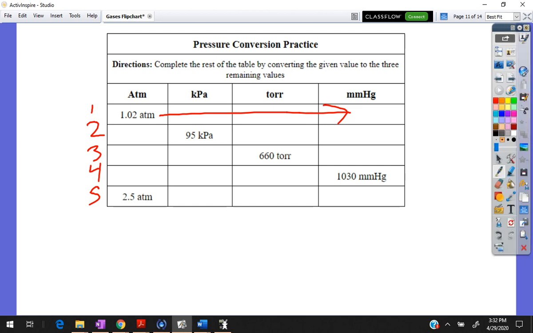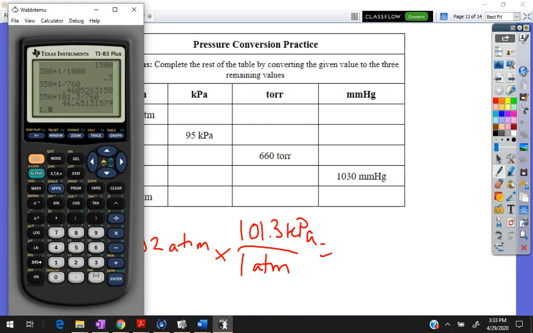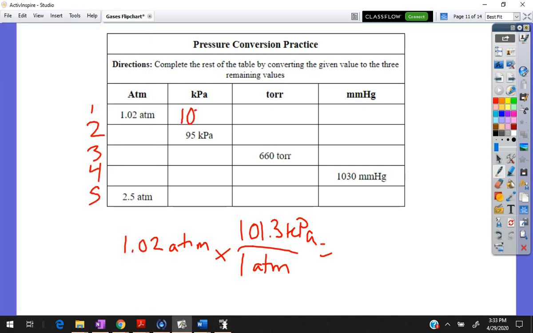So in this first one, if I've got 1.02 atmospheres, 1 atmosphere on the bottom, times 101.3 kPa on top, and then I just need to multiply. So I multiply by the top divided by the bottom, 103.3 kPa. It's good to write your units.